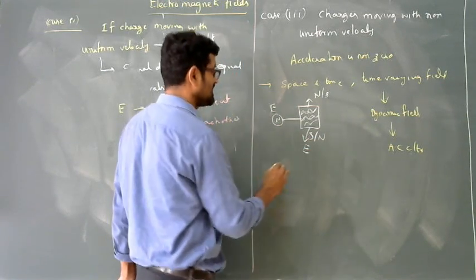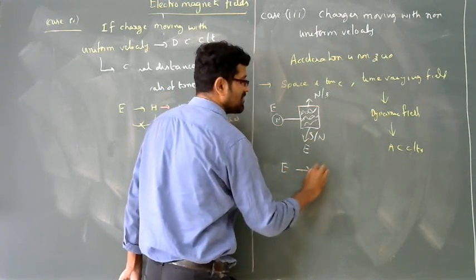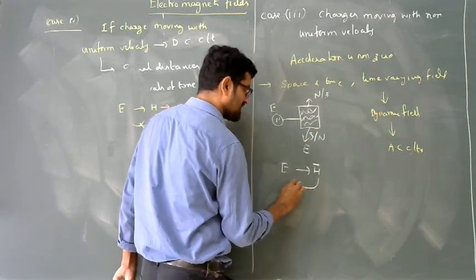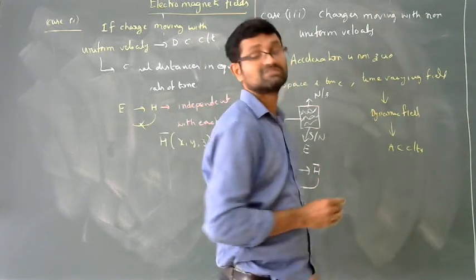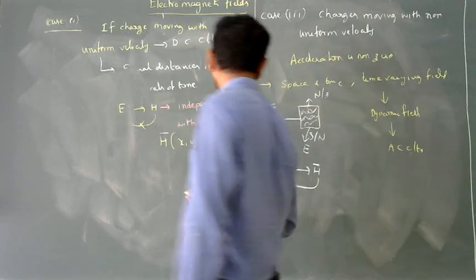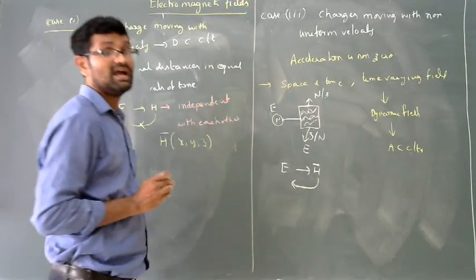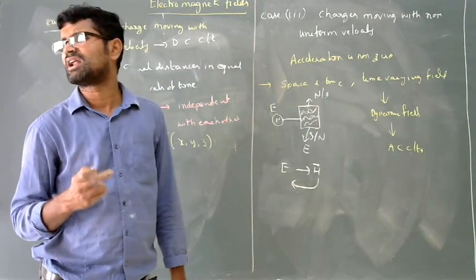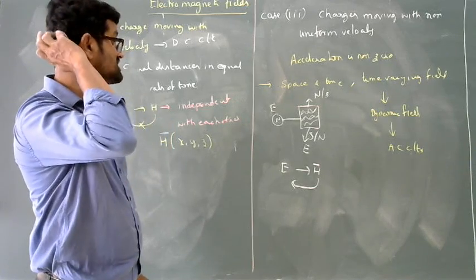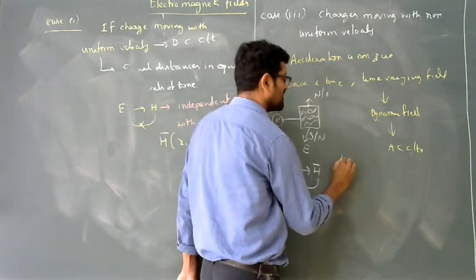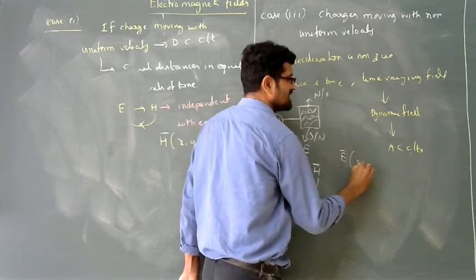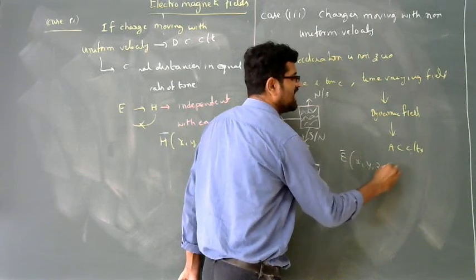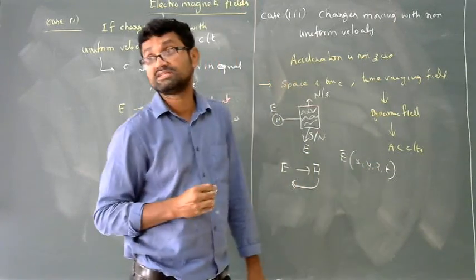That's why you can say here, because of the electric field, a magnetic field will exist, and because of the magnetic field, an electric field will exist. That's why both the fields are interdependent with each other. The electric field we can define here as a space vector in x, y, z, and this depends on time. Similarly, the magnetic field is also defined with all three dimensions, and it depends on time.